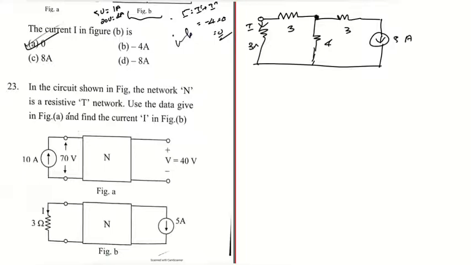Okay, see this node. Two currents are flowing away from the junction. This is flowing away, that is 5 ampere is flowing away. So if it is flowing in the opposite direction, it will be minus 5 ampere, and this minus 5 ampere is being divided between 3 ohm and 4 ohm.